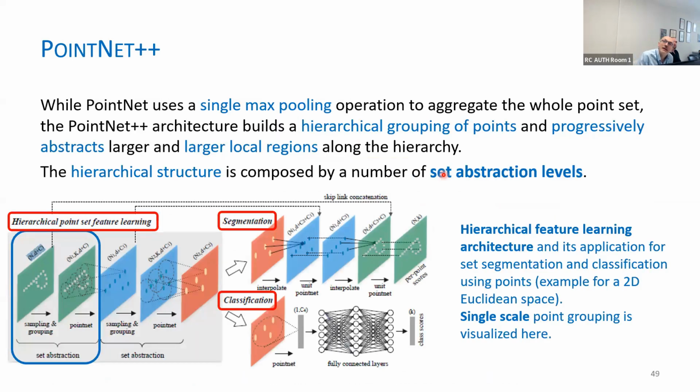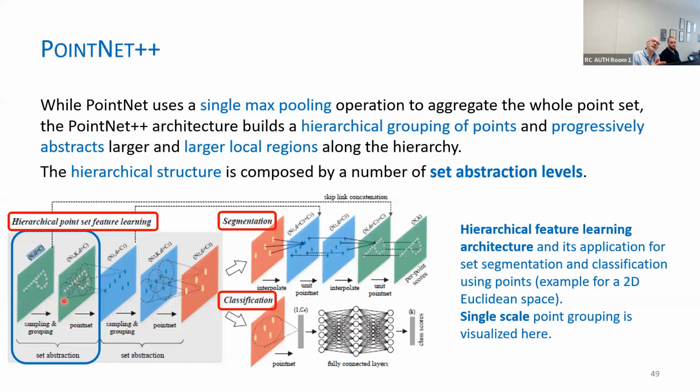So this is more or less the figure that, of course, I took from the paper, that the authors used to motivate their solution. You see here that for PointNet we have that max pooling operation to aggregate the point set. Instead, PointNet++ tries to derive this hierarchical grouping of points.